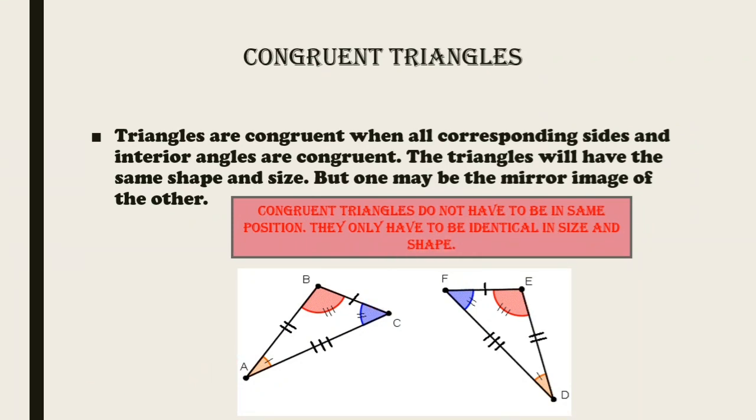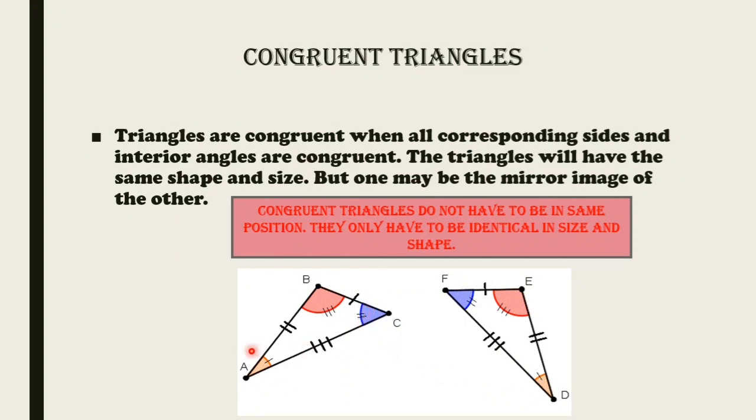Let's see what it means with this example. In triangle ABC and triangle DEF, you can see the angles are given with the same colors.